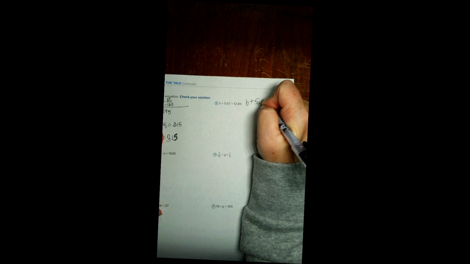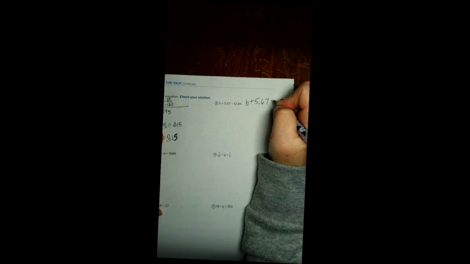Okay. b plus 5 and 67 hundredths equals 12 and 89 hundredths. There's a hole in my paper, so I'm going to put it down here. So subtract 5 and 67 hundredths, subtract 5 and 67 hundredths.